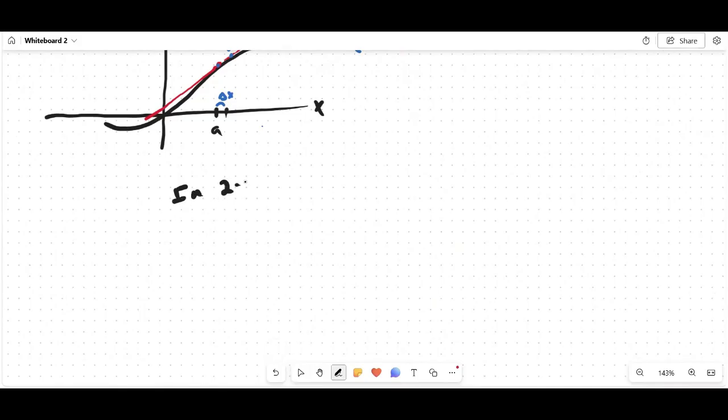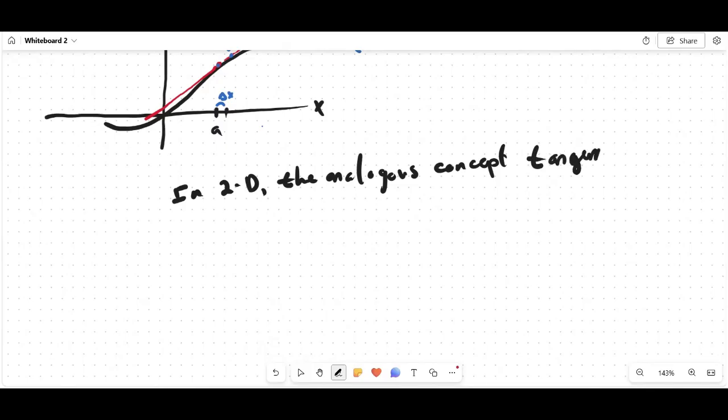In 2D, the analogous concept is a what? 5, 4, 3, 2, 1, tangent plane. Right. So we saw this. I sketched this, I think, at one point. The analogous concept is a tangent plane.